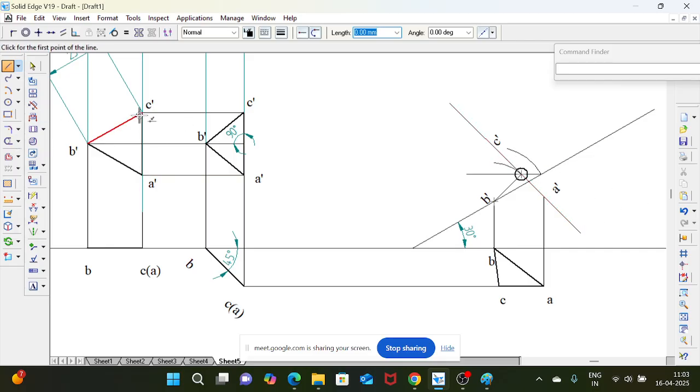Then this equilateral triangle, this side will be 25. So this is also 25. From the midpoint, it will be 12.5. With your compass, take the distance from this point to this point and cut the arc on this 90 degree line. It will be 12.5. Cut here as well as here.